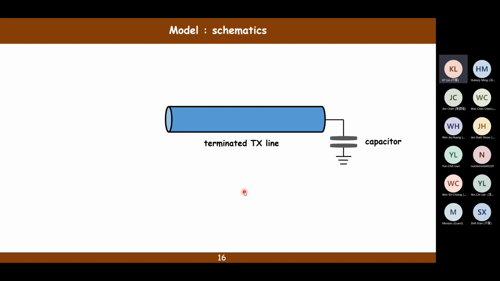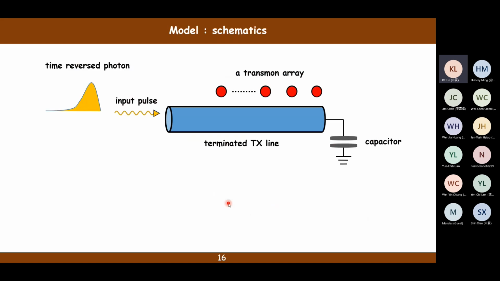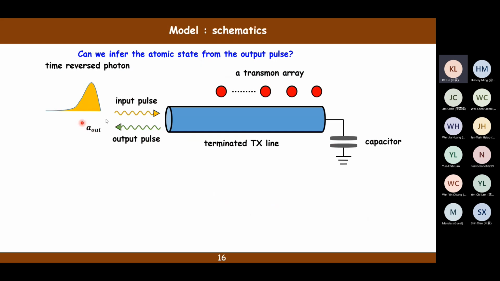To answer it, we need to consider a model composed of a terminated transmission line coupled to a transmon array here. And then we have the time-reversed photon as our input, and we can calculate the corresponding output pulse in terms of output operators. So now the question: can we infer or get the atomic state from this output pulse?